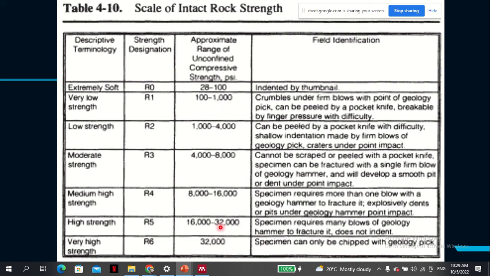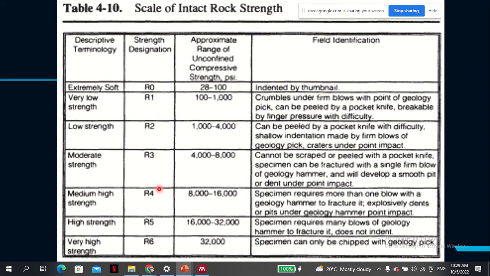For the high strength, the specimen requires many blows of a geology hammer to fracture. It does not indent. For the very high strength, the specimen can only be chipped by a geology pick. So these are descriptive ways that you don't need any technical knowledge for.